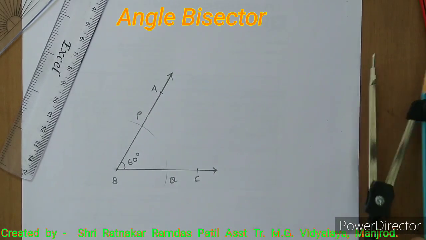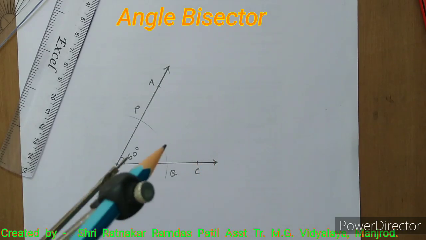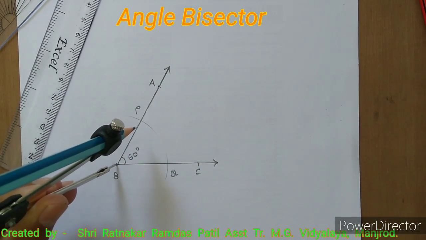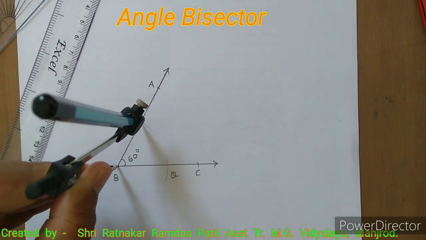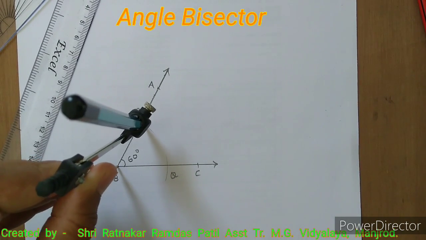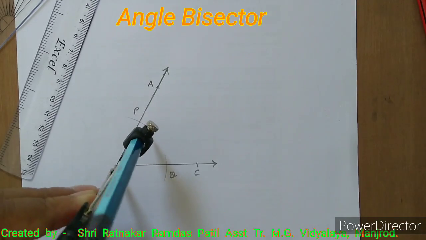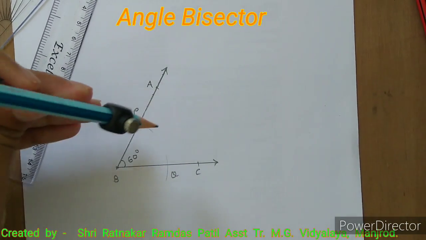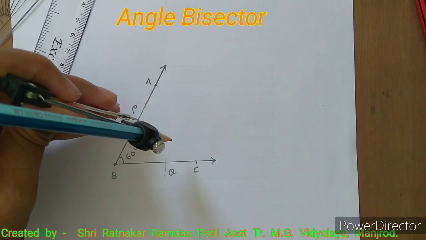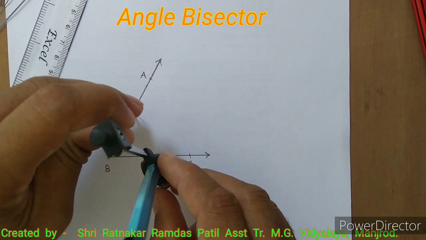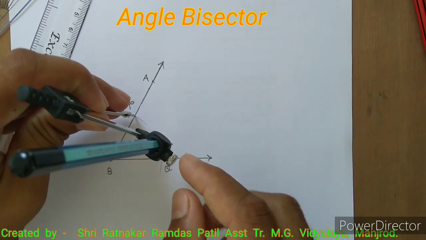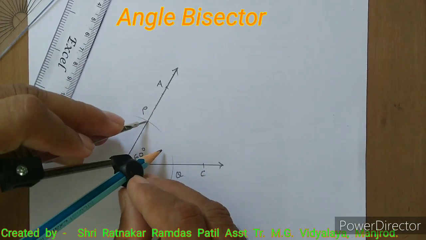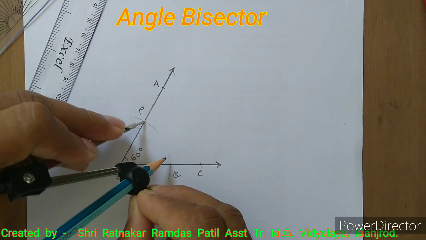Now with the help of compass we take the same distance as we draw an arc on these two arms, or take a distance equal to PQ or greater than half of PQ.